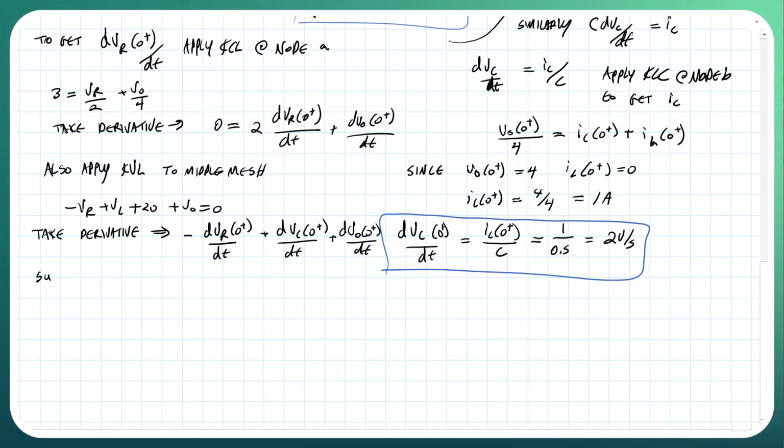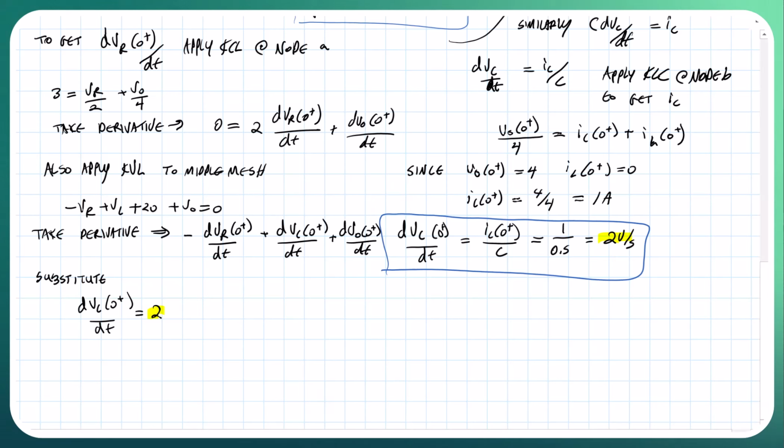We can substitute what we know here, which is dVC at 0 plus over dt is just the 2 volts per second, from here.